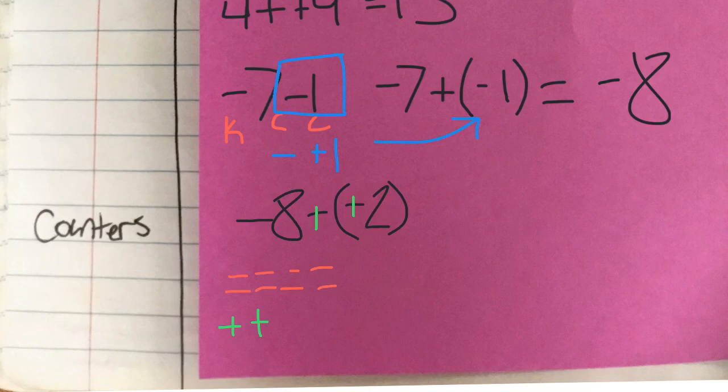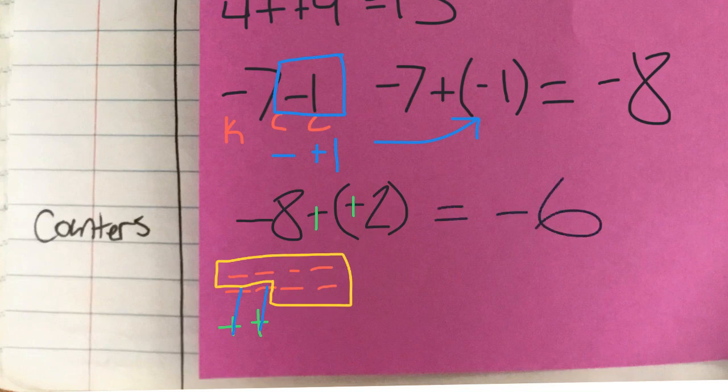And just like we did with the other counters, we eliminate any 0 pairs, which means any that match up. So for every positive, I take off a negative. Take off, take off. So now what I'm left with over here is I have 6 negatives. So my answer over here is -6 because 6 negatives are what I am left with.